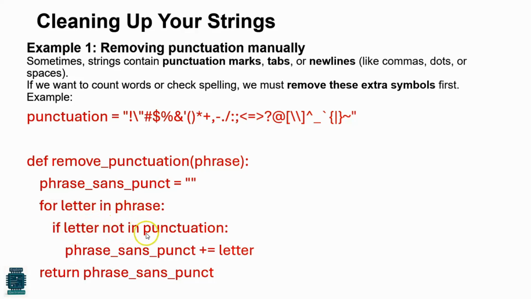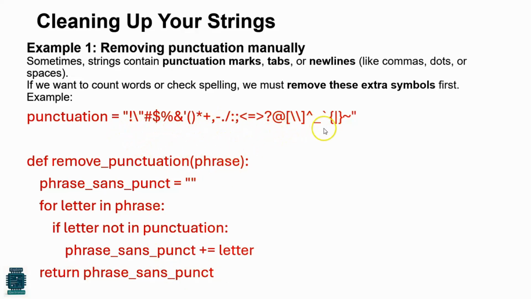If the letter is not in punctuation, then add it to the phrase_sans_punctuation. If the punctuation is not there, then it will add that letter and it will return that phrase without punctuation marks. Got it? We are removing the punctuations here manually.